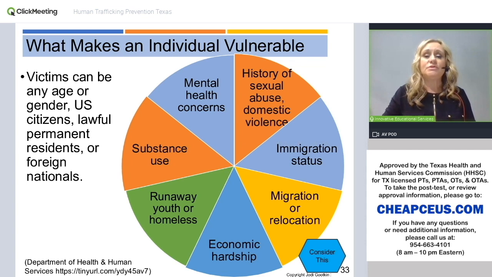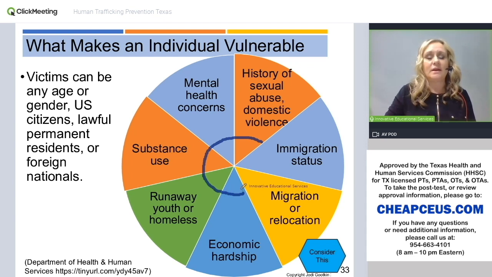They may have a history of sexual abuse or domestic violence situations, mental health concerns and substance abuse. Individuals who are runaways or youth who are homeless or in the foster care system, as well as individuals who have economic hardship and financial strains.